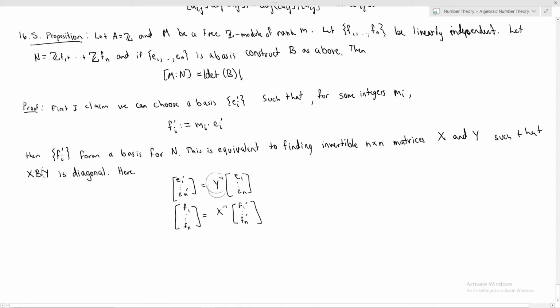So essentially with this matrix, I'm plugging in ei primes and getting fi primes out.